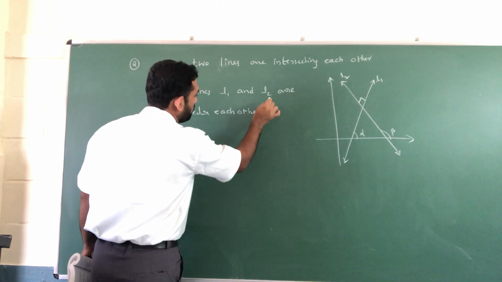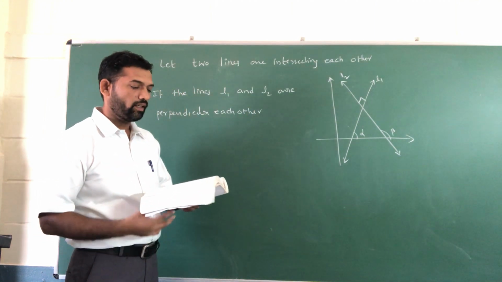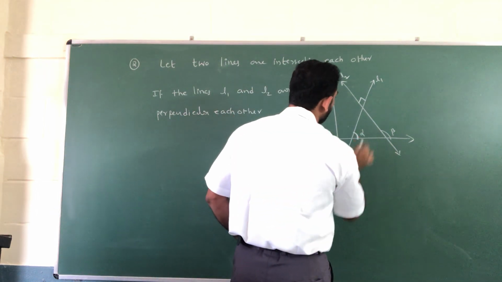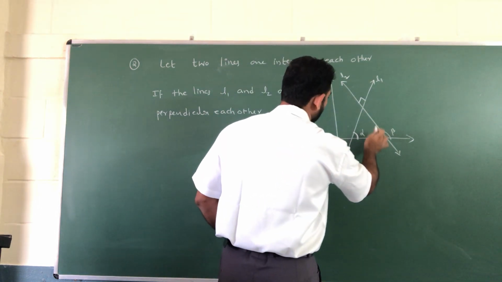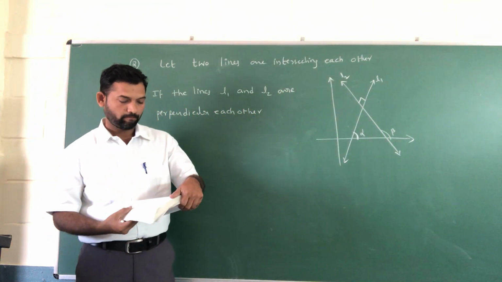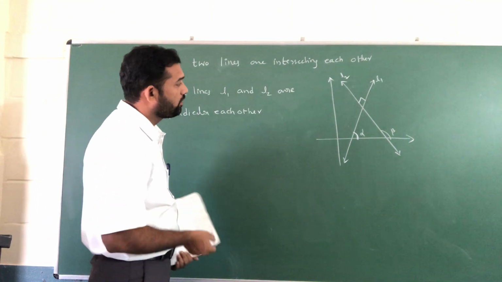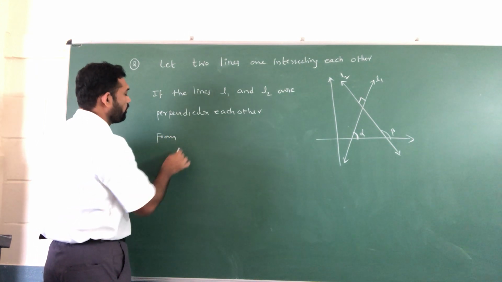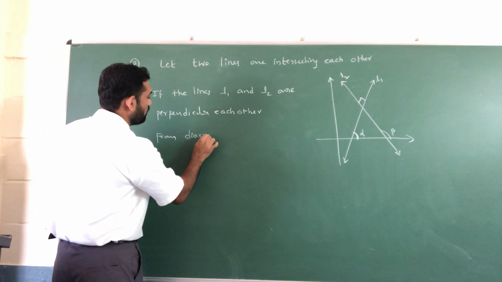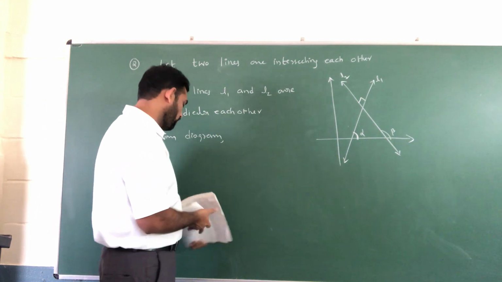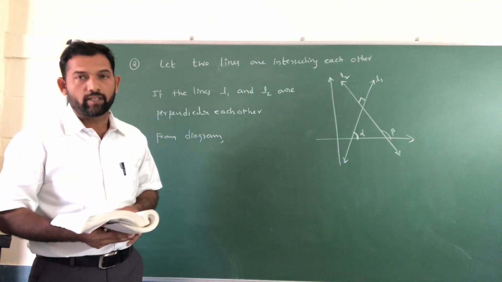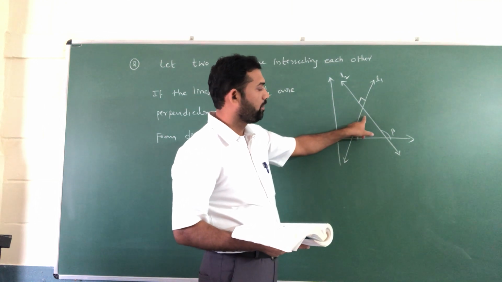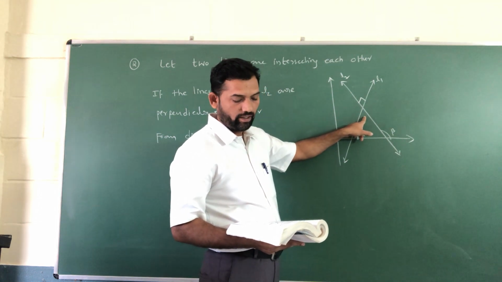Perpendicular to each other means, here you see, this is alpha. What is this angle? From the diagram, beta is equal to this angle. Here it may be 90 degrees.